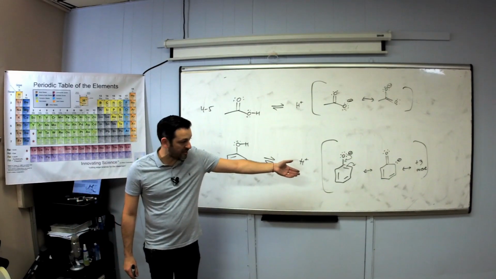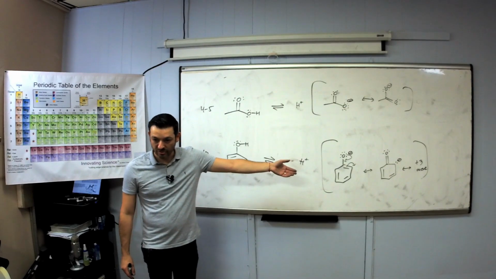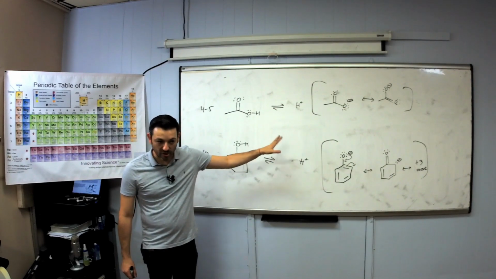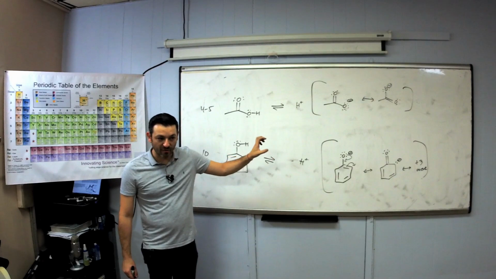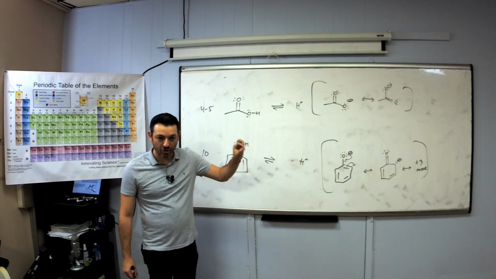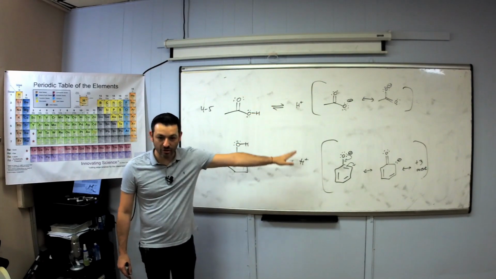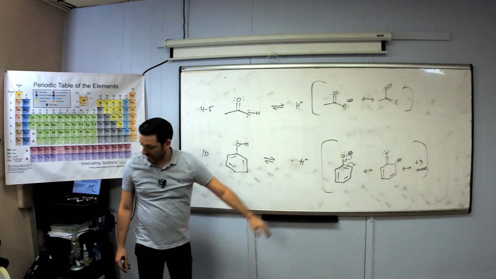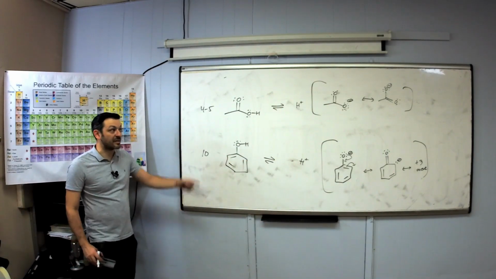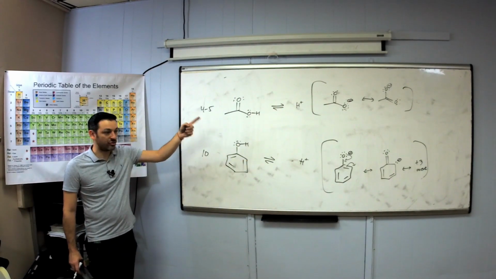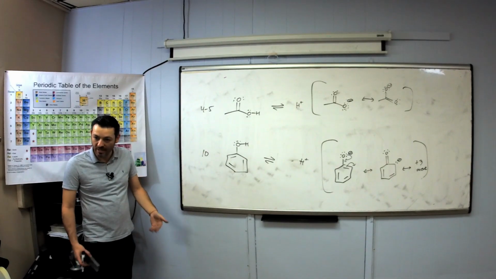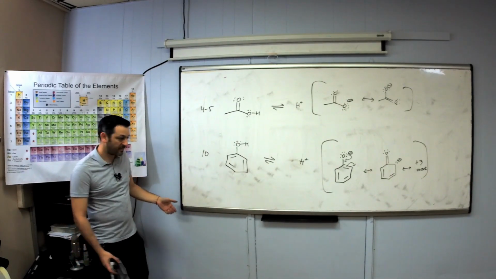It's more unstable, even though it has more resonance pictures. What are you supposed to learn from this example? That it's not the number of resonance pictures, it's the number of major contributors. 2 major contributors versus 1 major contributor. What has more resonance? That does. What has more pictures? Who cares about pictures? It's what has more major contributors, more resonance.